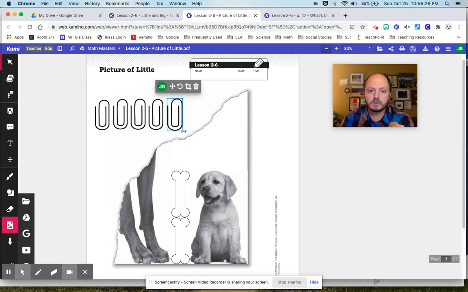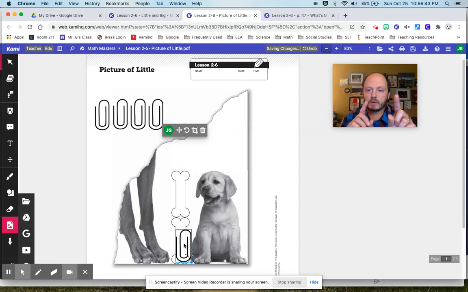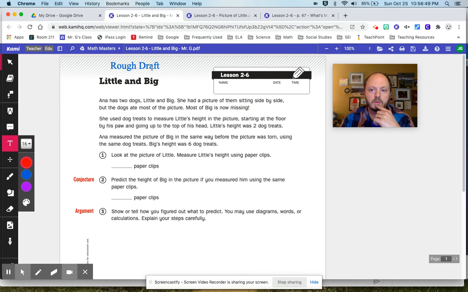Now, if you touch this corner here, it's going to change the size of those paper clips, and that really messes up the lesson. So we want to keep the paper clips the same size, and you can drag them around, and you can see how many paper clips Little is measured for, okay? And that is going to be the next step here.